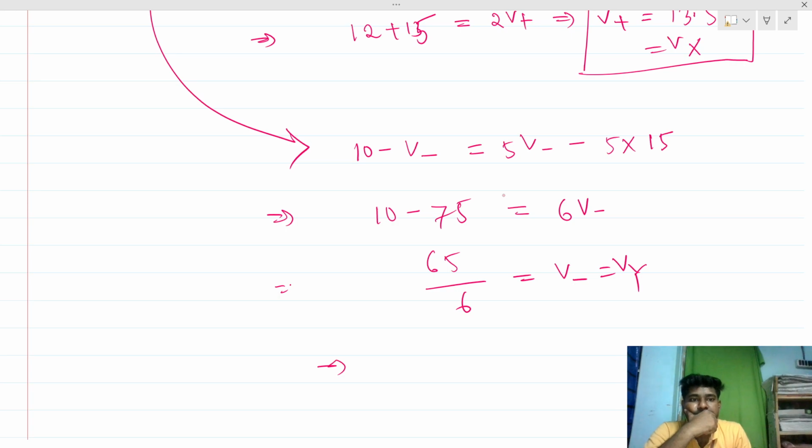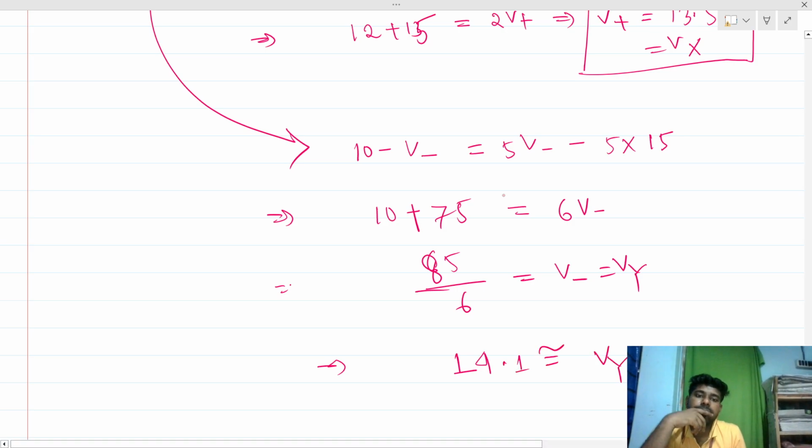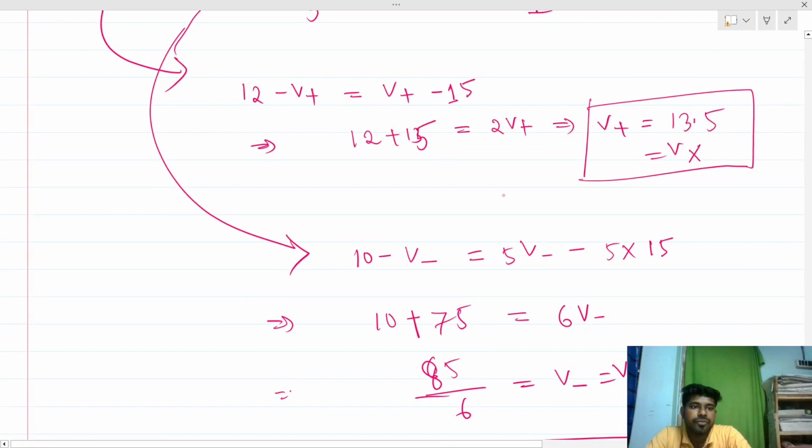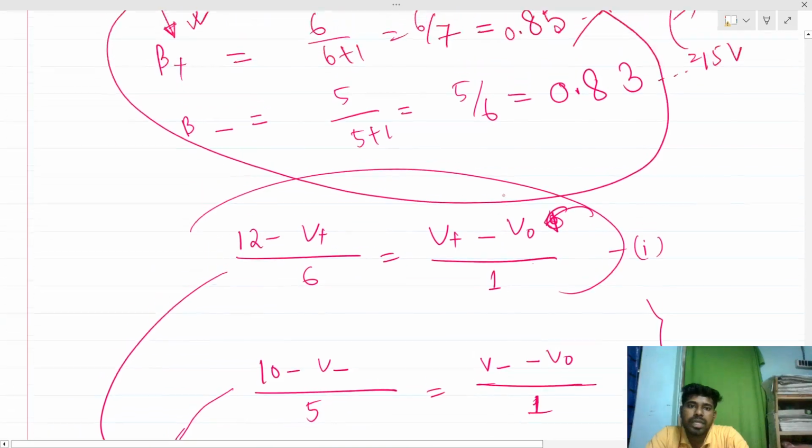So this will be plus, right? So here will be plus, so this will be 85 by 6, so it will be almost equal to 14.1, right? Yes, this is almost equal to that. So we have got these values: the steady state of Vy will be 14.1, the steady state of V plus or Vx will be 13.5, and the V out gets saturated.